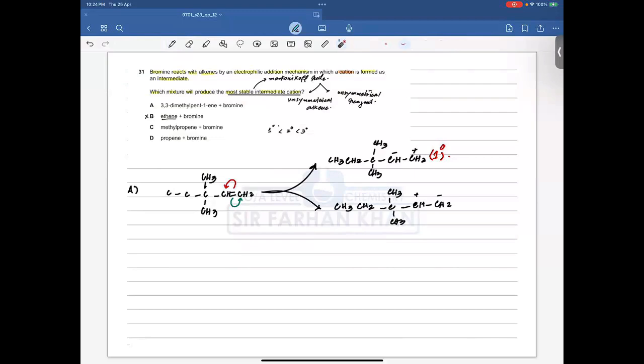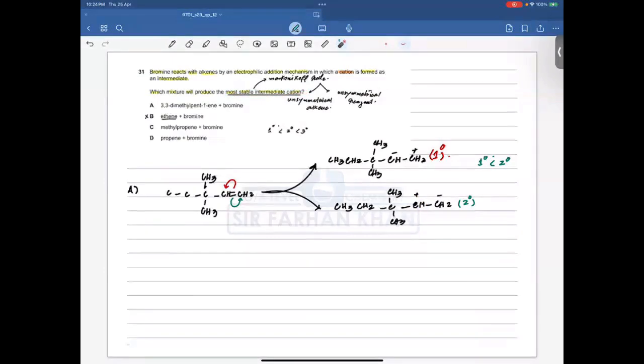If carbon has positive charge and it has only one hydrogen, then it means it is a secondary carbocation. So this is a secondary carbocation. And you know, in option A, 2 degree is more stable than 1 degree. An examiner is asking about the most stable intermediate carbocation.